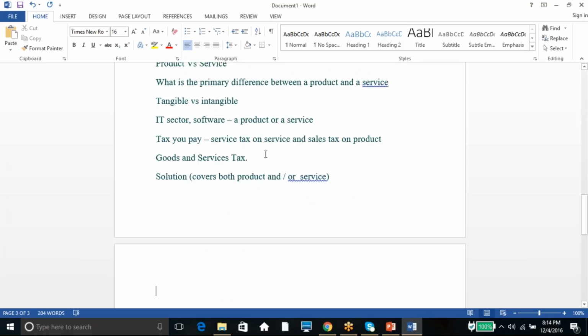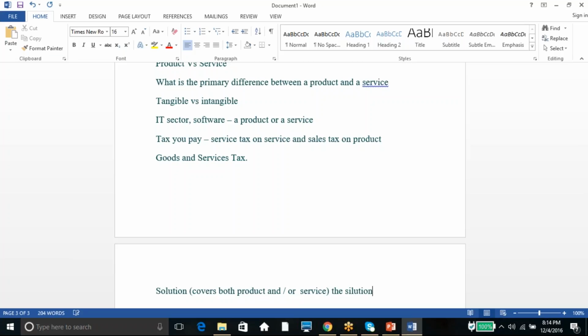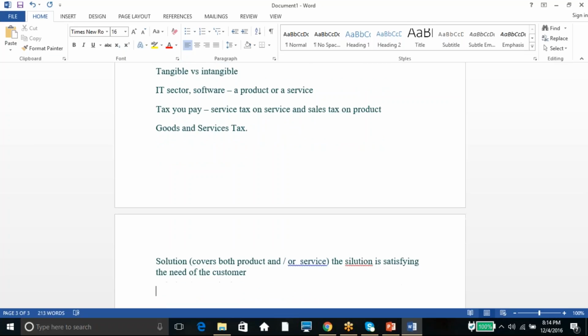So the word is now solution. What is the solution? The solution is satisfying the need of the customer. Okay, and that can be satisfied by a product or a service. So it's easier to call it a solution.